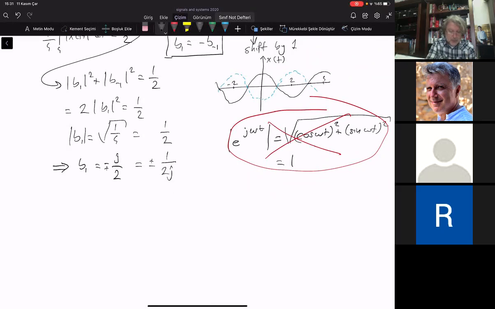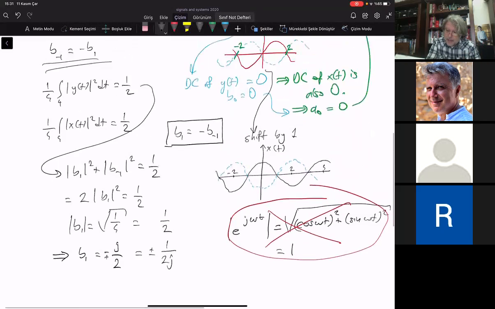And that is something that we do not know. The magnitude of sine is 1. If the Fourier series coefficients are 1 over 2j and negative of it, but we don't know which is negative, which is positive, at the right or at the left, we don't know, B1 or B minus 1. One of them is negative, one of them is positive. And for that, it corresponds to a sine.